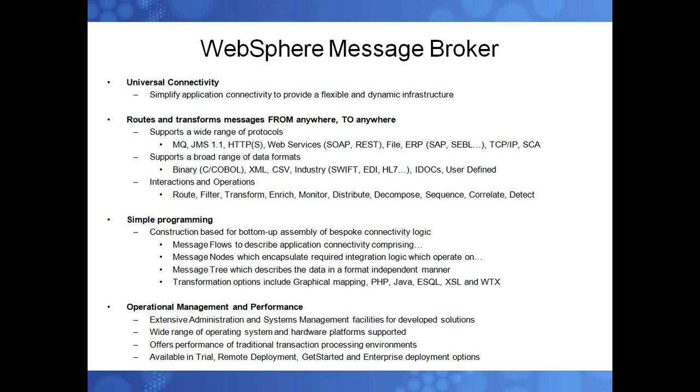The WebSphere Message Broker includes the event broker and extends its function to provide powerful message brokering. As I said, the message broker is a point-to-point model. The messages are formed, routed, and transformed to meet the business needs of the enterprise. And how are we going to achieve this?